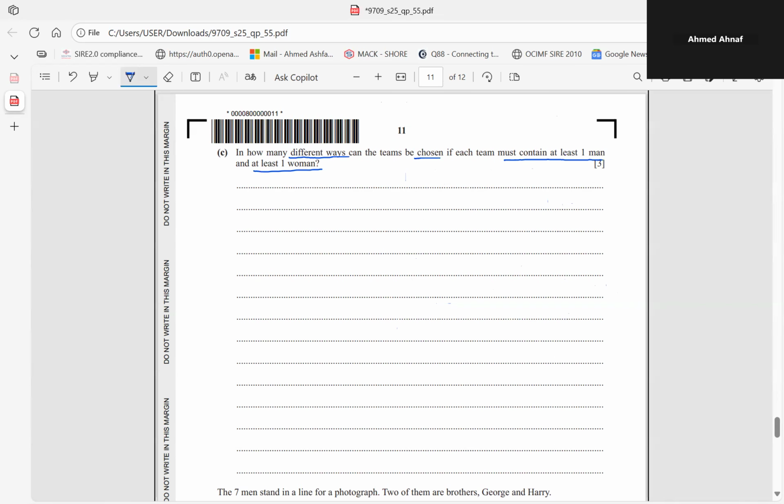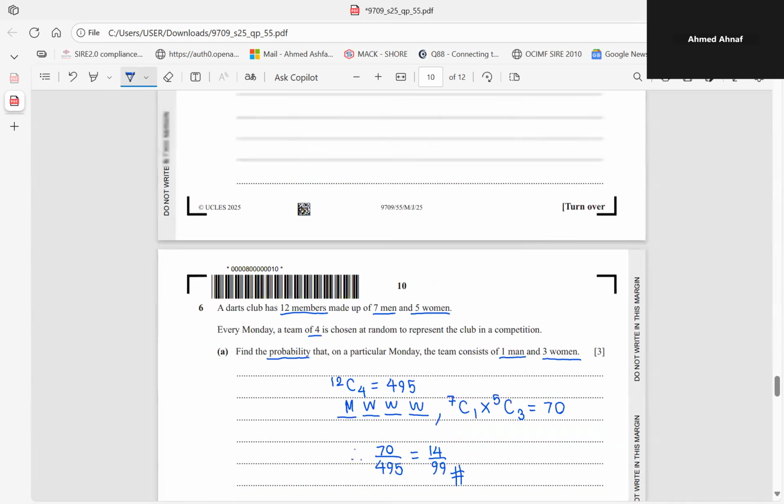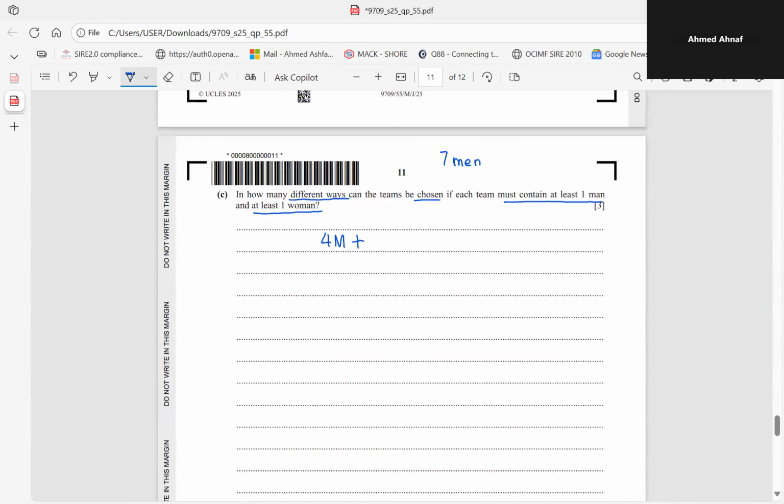One that I can think of right away is 4 men and 0 women. Let's also write down the number of men and women. So yeah, 7 men and 5 women.